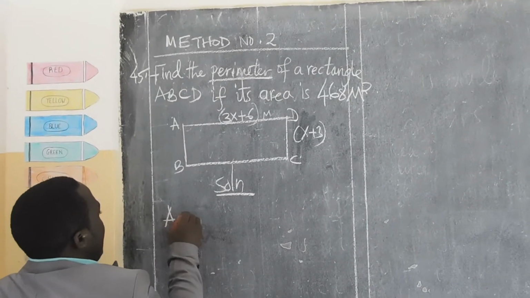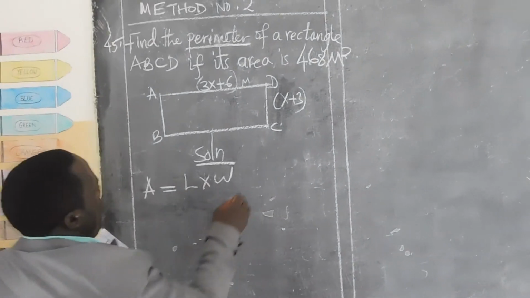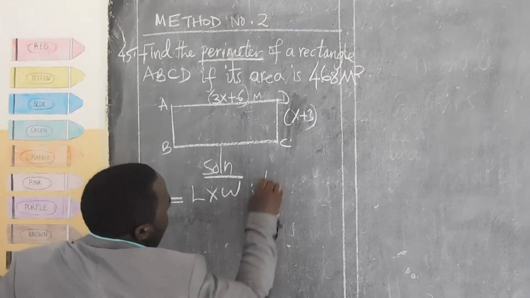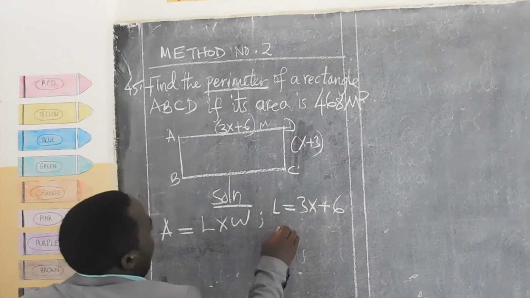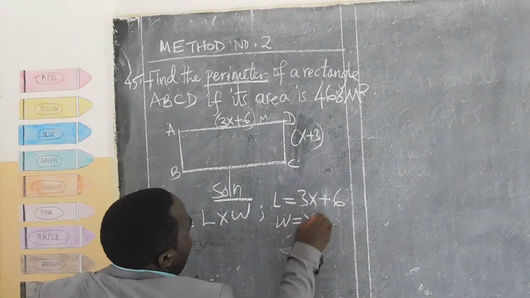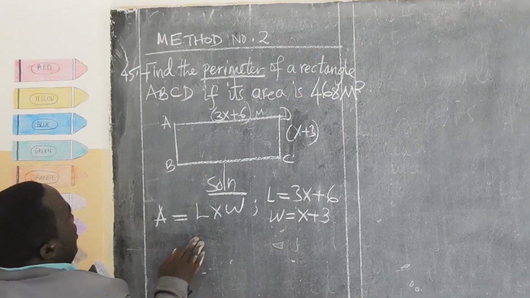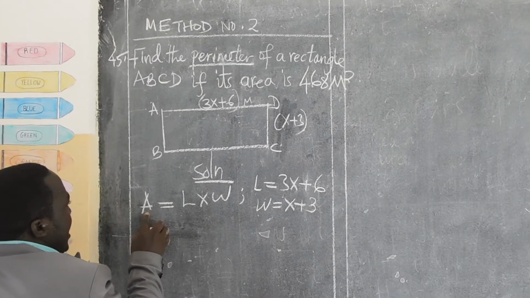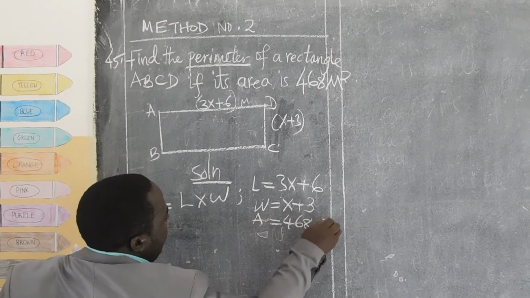The area is equal to length times width, whereby length is equal to 3x plus 6 and width is equal to x plus 3. The area is already given, is equal to 468 square meters.